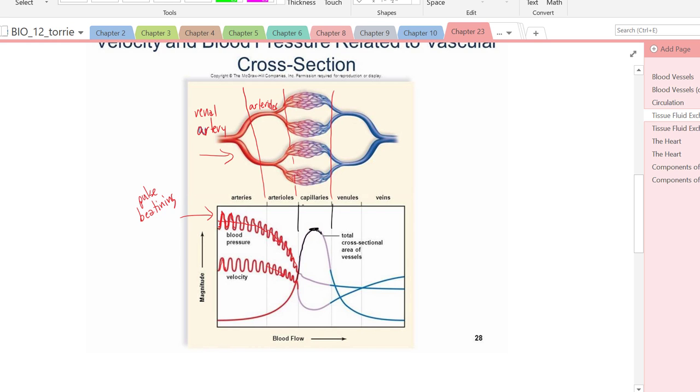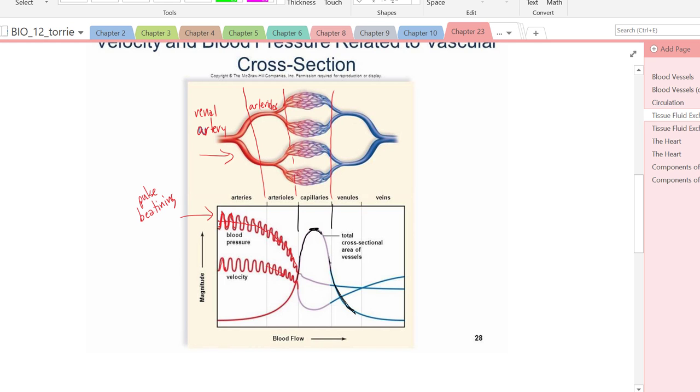All right. We can see as we move into the venules, don't forget, the venules might have a smaller cross-sectional area than capillaries, but they're significantly bigger than the arteries and arterioles, and blood pressure and blood velocity don't typically recover.